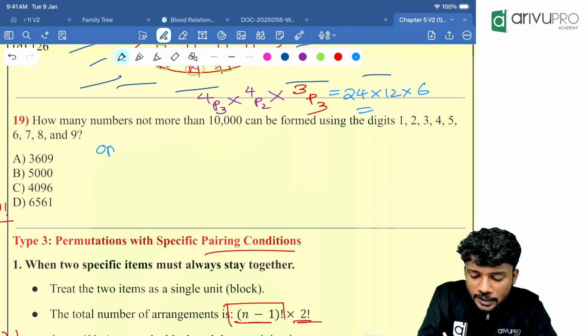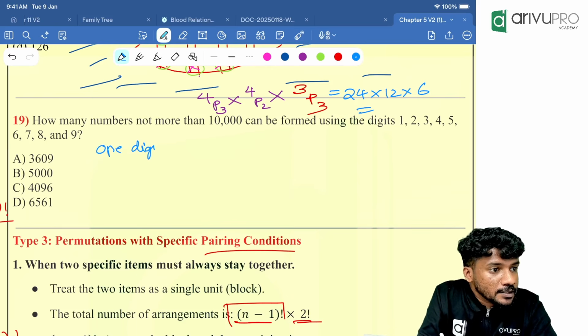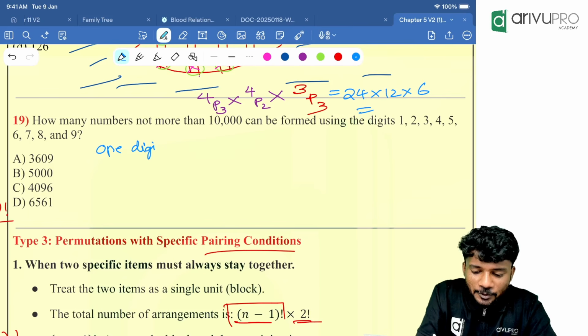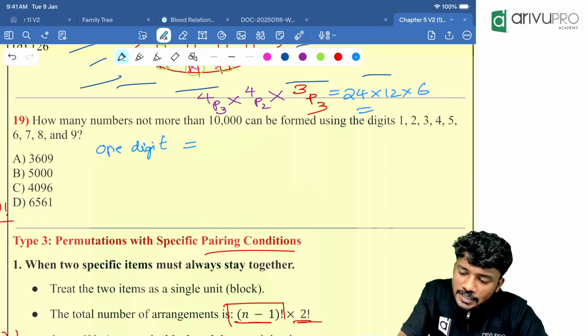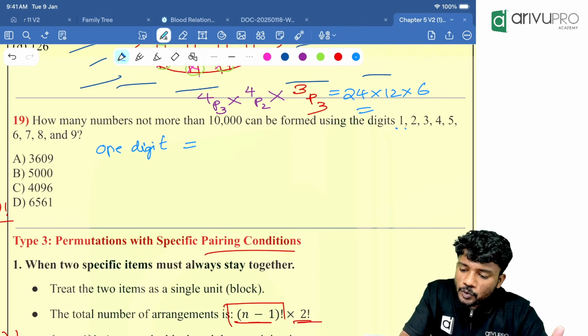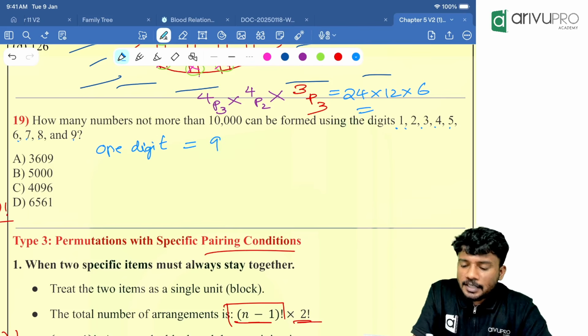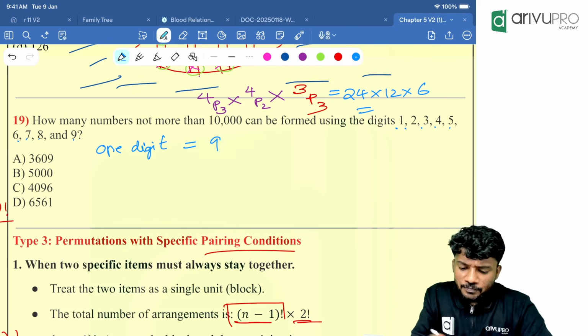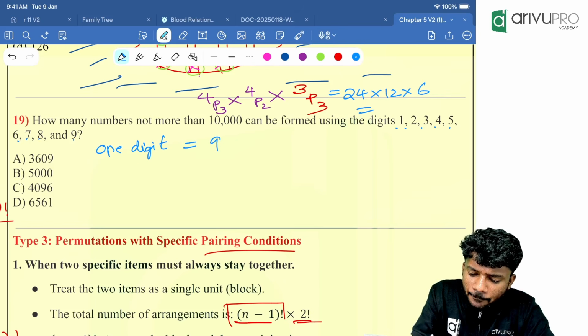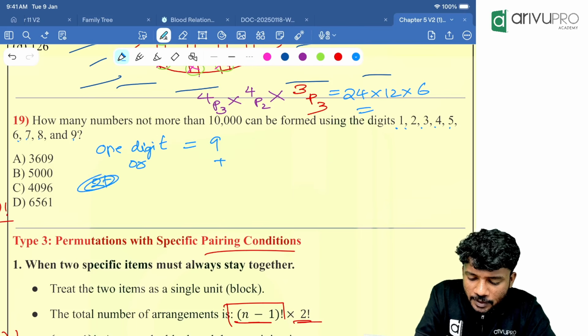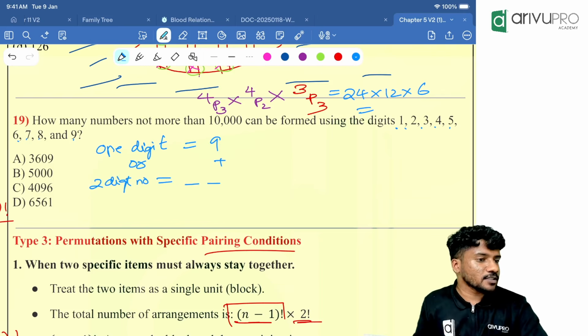Inclusive, I'll tell you about that inclusive part. 1-digit number. How many 1-digit numbers can be formed from 1, 2, 3, 4, 5, 6, 7, 8, 9? 9 1-digit numbers can be formed. Then OR means plus. Now a 2-digit number: 2 vacant places will be there.